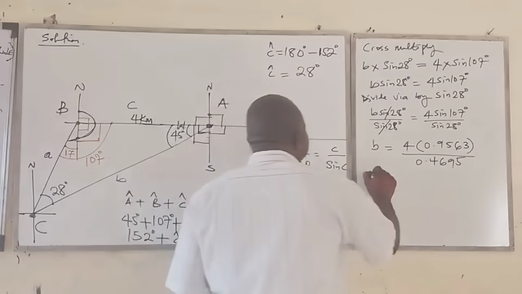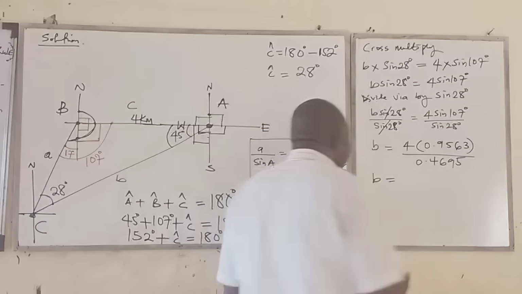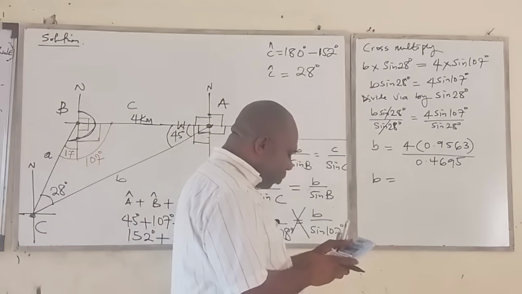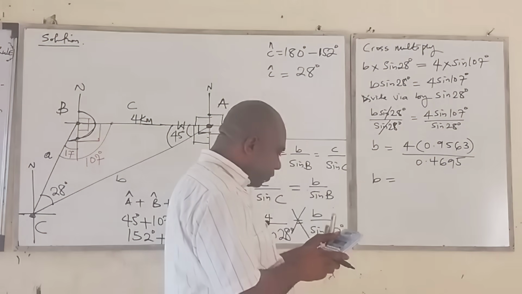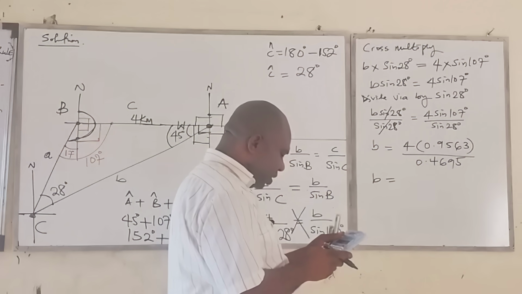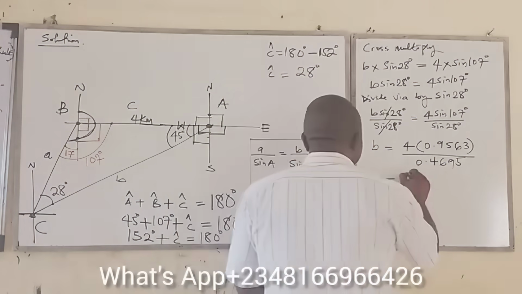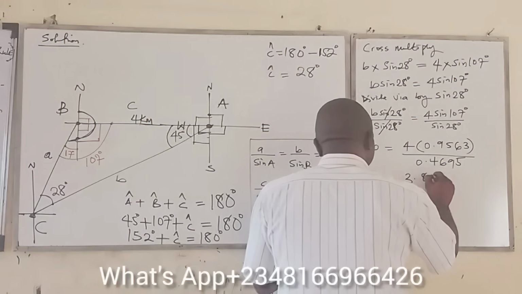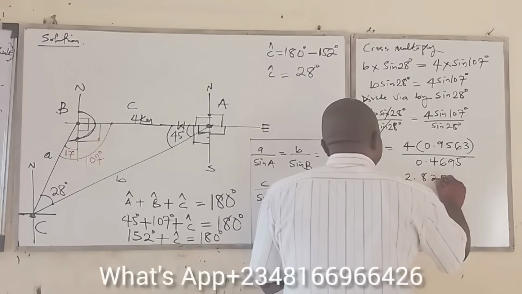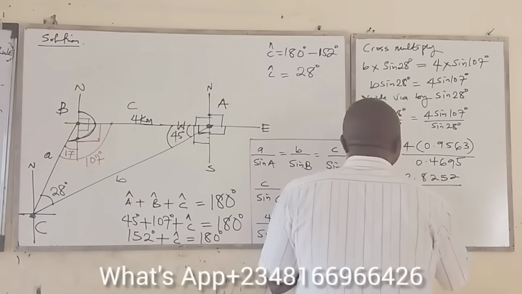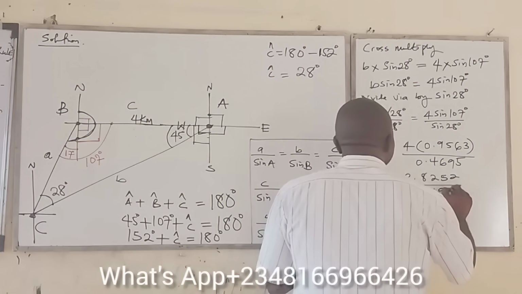So the value of our b now will be equal to, let's multiply 0.9563 times 4. That will give us 3.8252 divided by 0.4695.